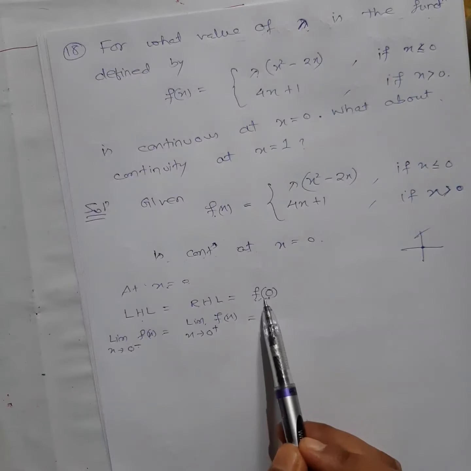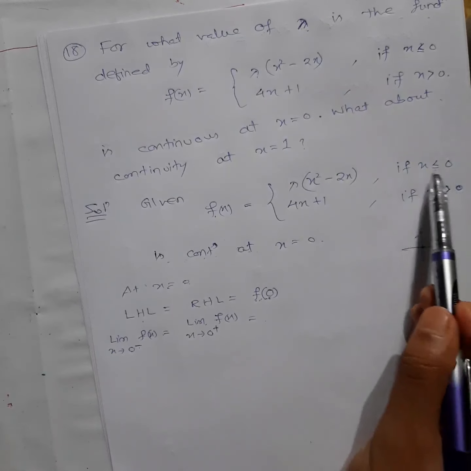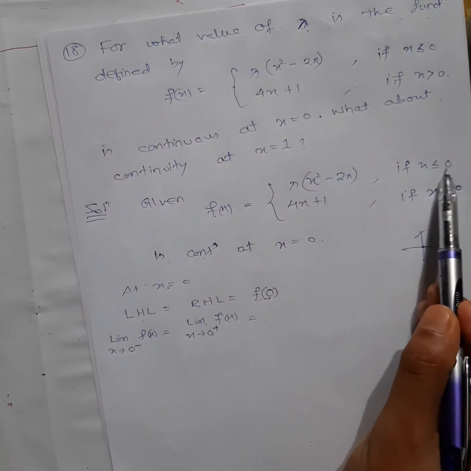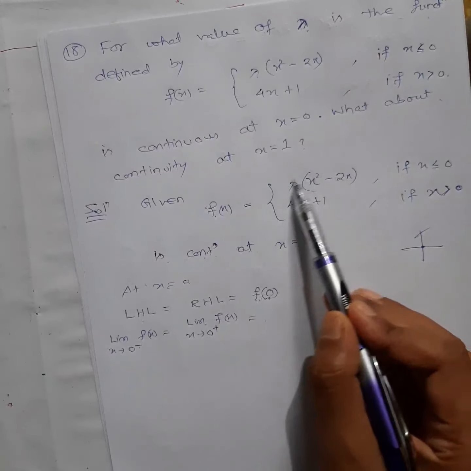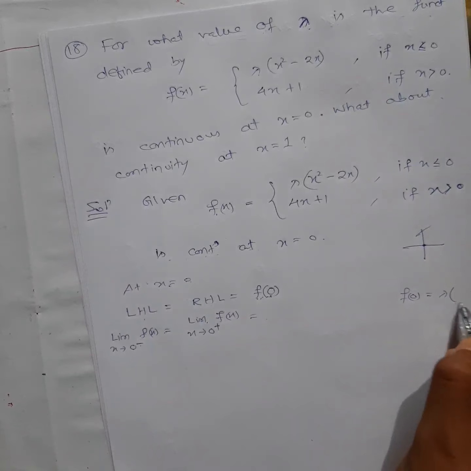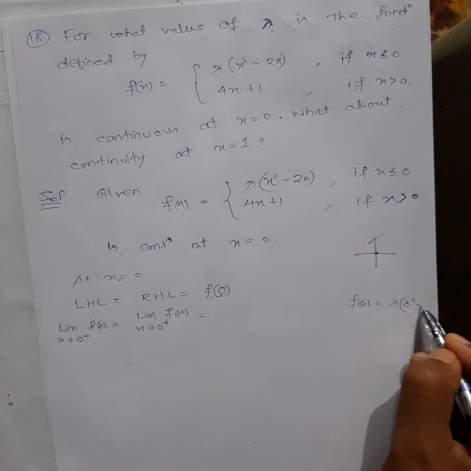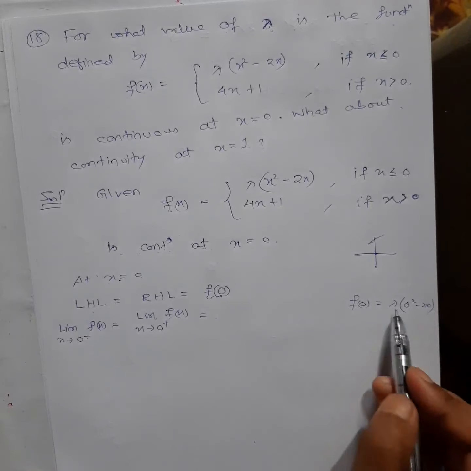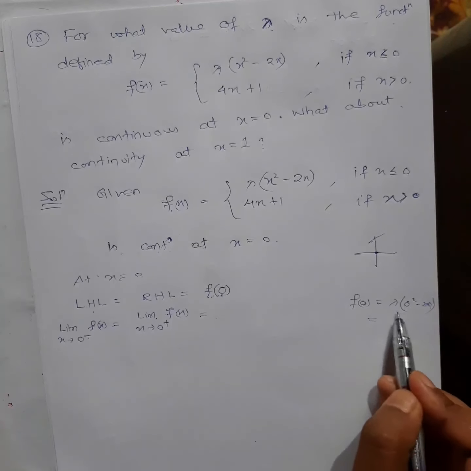f of 0 means x equal to 0. When x equal to 0, which function will you take? For x equal to 0, this will be the function. So f of 0 will be lambda x square, with 0 in place of x: lambda into 0 square minus 2 into 0. So how much will it be? 0 minus 0, it will be 0.